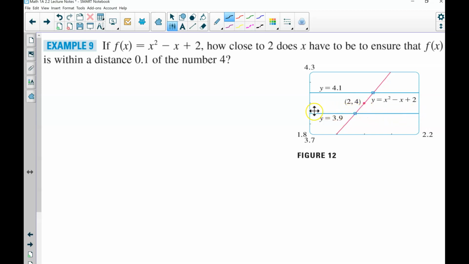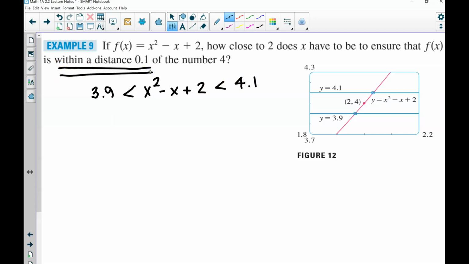So now we've created these two horizontal lines. And what we're saying here is that this function, x squared minus x plus 2, is going to be in between these two numbers, 3.9 and 4.1, because again, it's within a distance of the number 4.